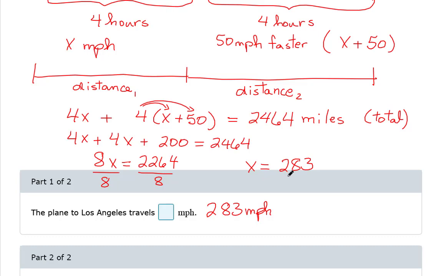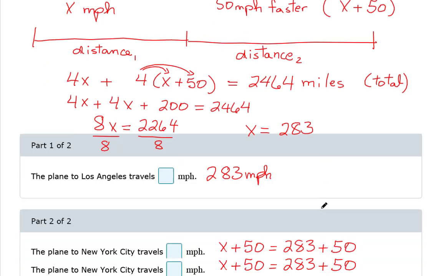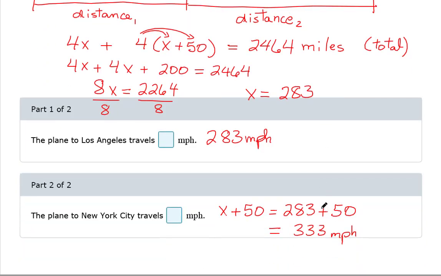And so my speed going to LA is 283 miles per hour, and my speed going to New York, well, how much is that? I don't know. I panic. No, don't panic, because we know it was 50 miles per hour faster. So simply add on the 50, and that was our speed flying to New York City.